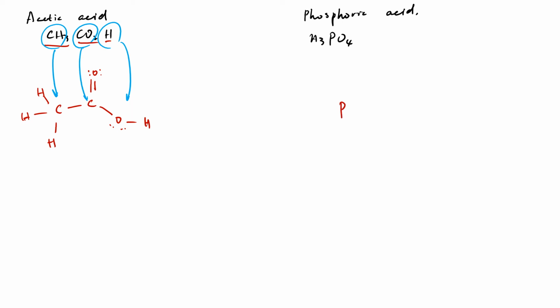Phosphorus is in the middle, and then three hydroxyl groups around it. So add the lone pairs. Sorry, missed one. That's the Lewis structure for the phosphoric acid.